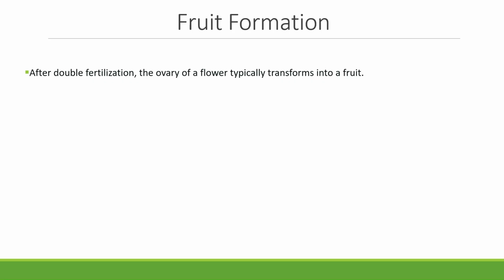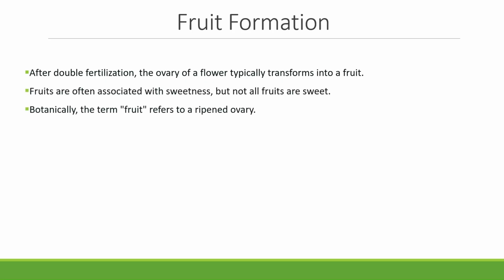After fertilization has taken place, the ovary of a flower typically transforms into a fruit. We often associate fruits with sweet parts from a plant, but as we should know by now, fruits are defined by their origin and development from the flowers of angiosperms. From a botanical perspective, the term fruit has a precise meaning.